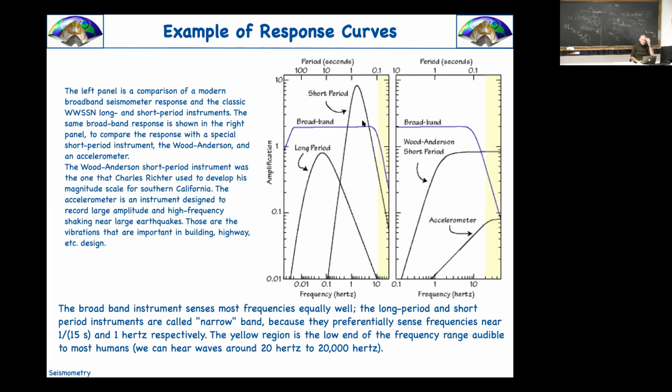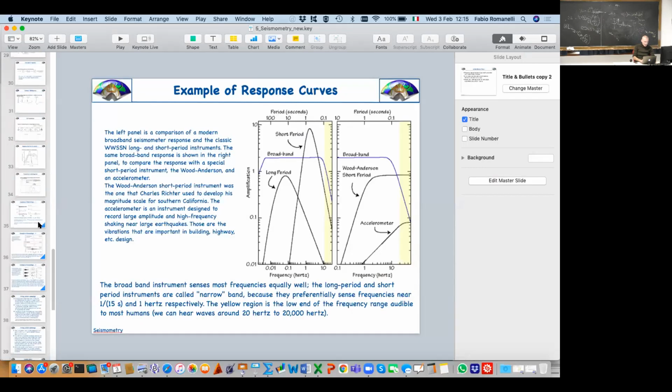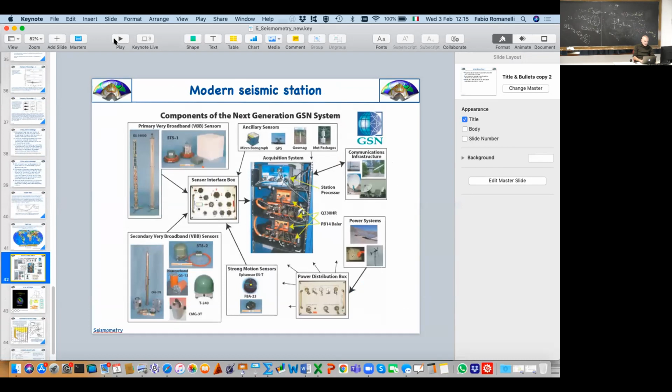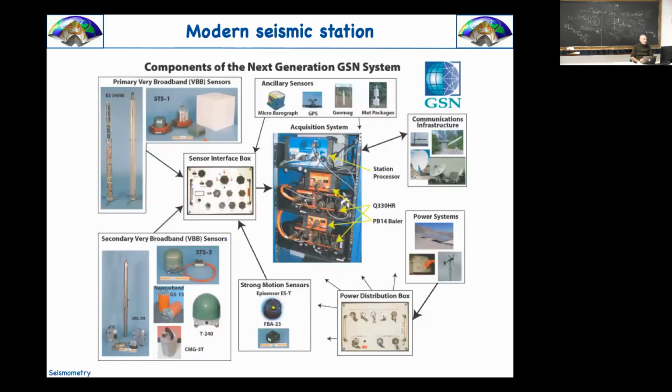Let me add, I'm sorry, but quickly, a few words. So let me jump to this so you can understand one thing here. There is a picture of a modern seismic station so that you have an idea here.